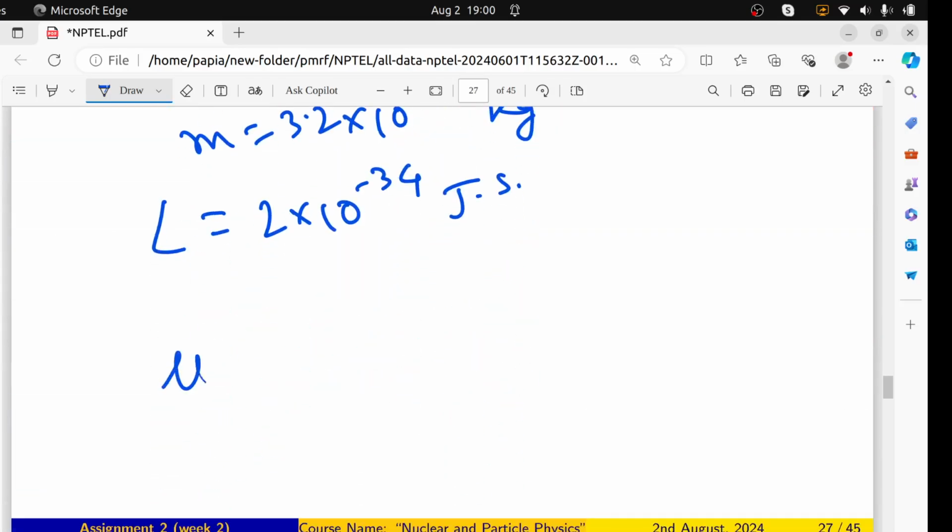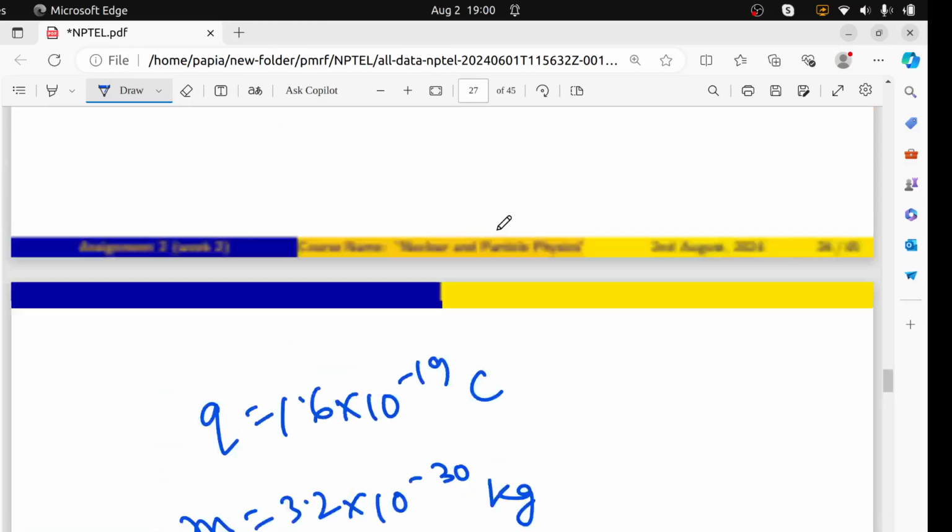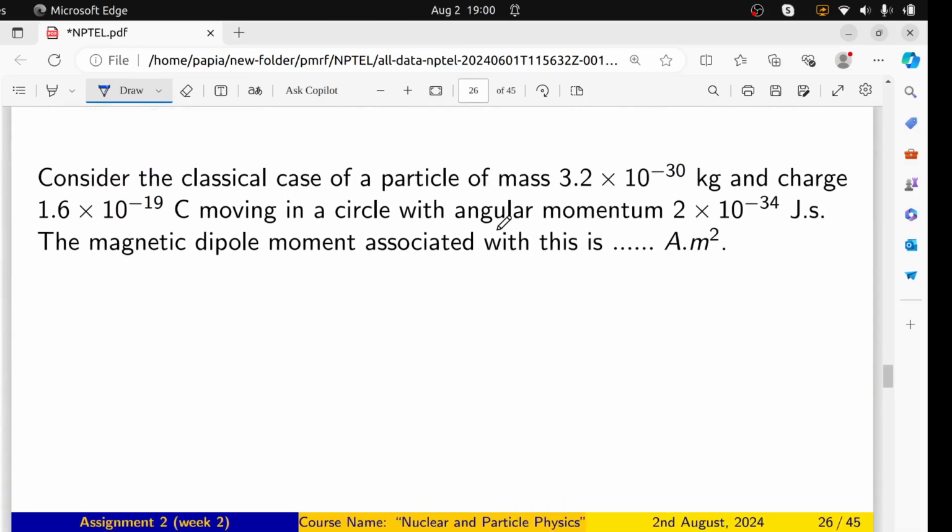Okay, so mu. If I just put the values in, then obviously the answer will come directly. But if you want to understand the question a little physically, they are saying that one particle with some mass and charge is moving in a circular path with this much angular momentum.